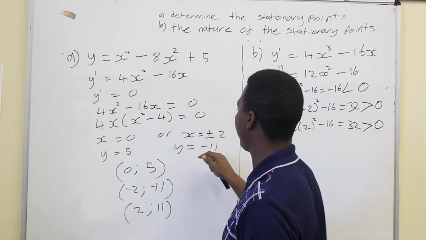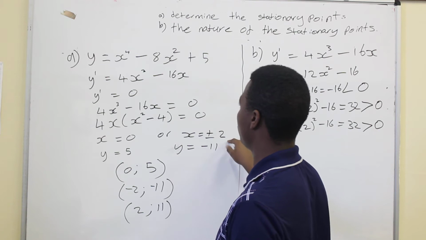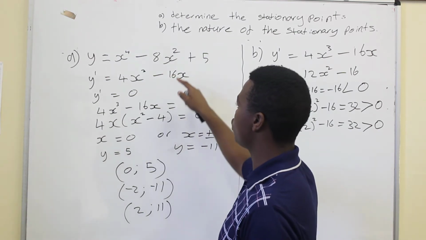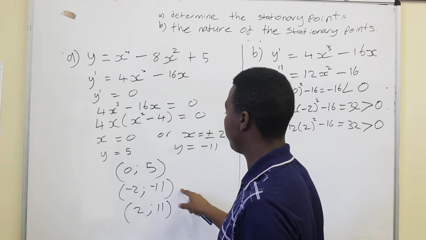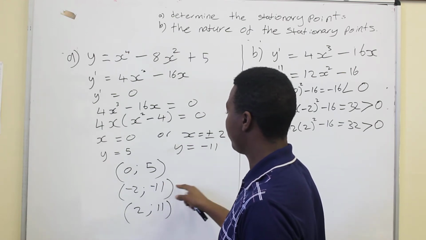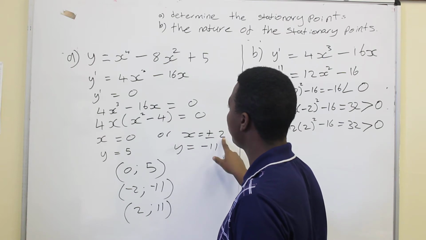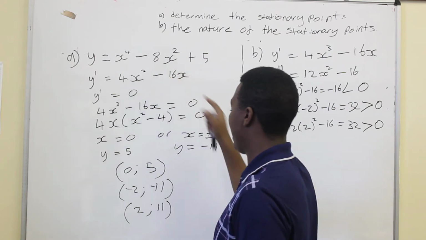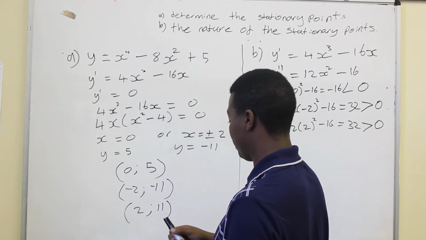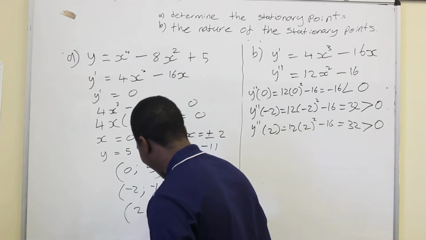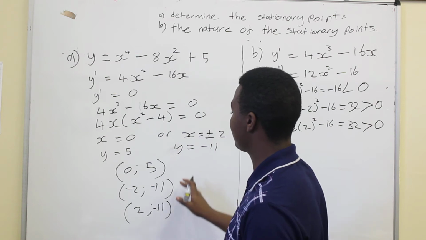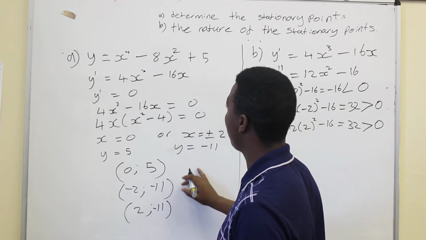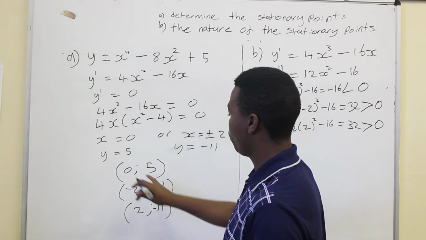Then I took x equal to minus 2, substituted it into that function, and I got minus 11. Then for x equal to 2, I also got minus 11. So this gives us the stationary points of the function, which are these ones.